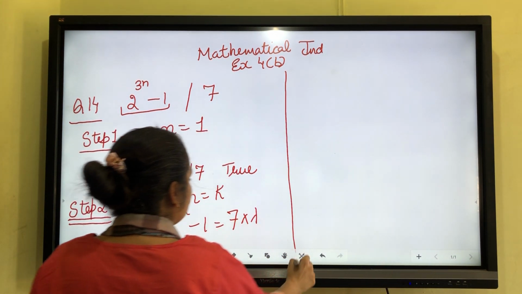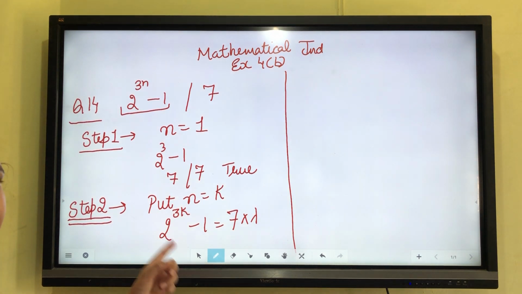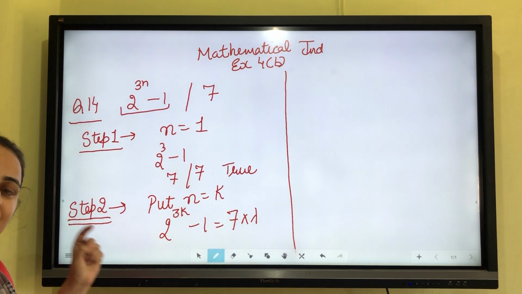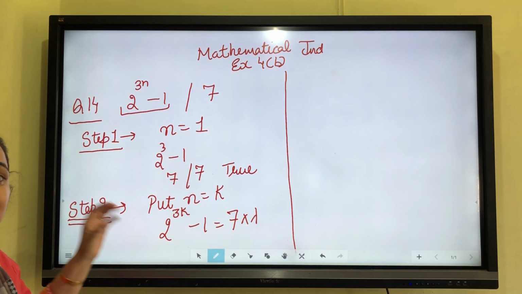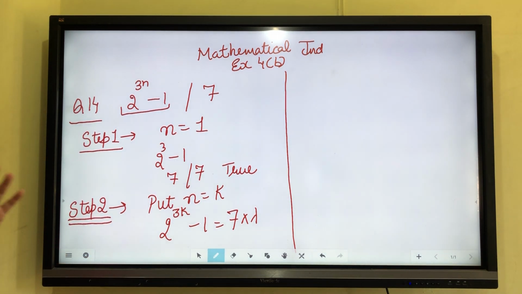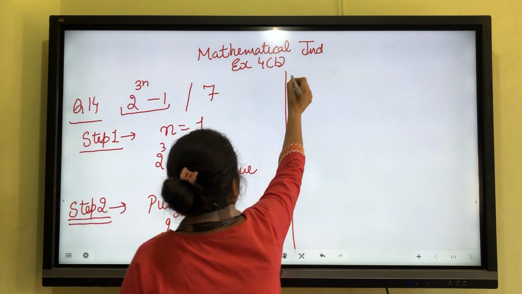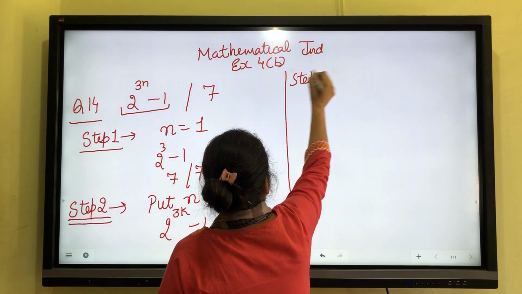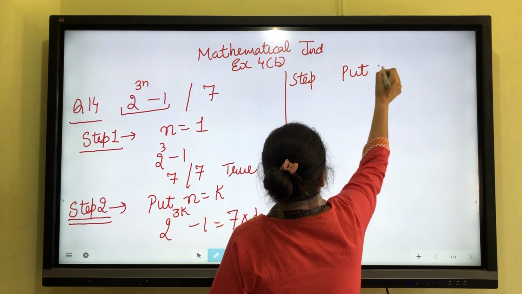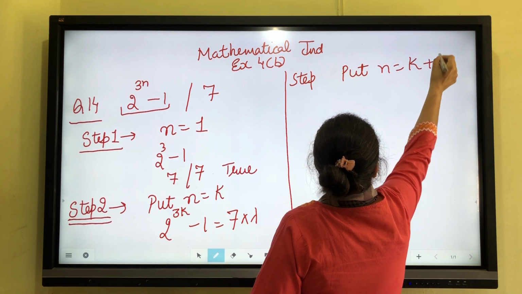There is no change in the second step, but in the third step, as we had done previously, we want to use the second step in the third step. Now how are you using the second step in the third? What is the third step here? Put n is equal to k plus 1.